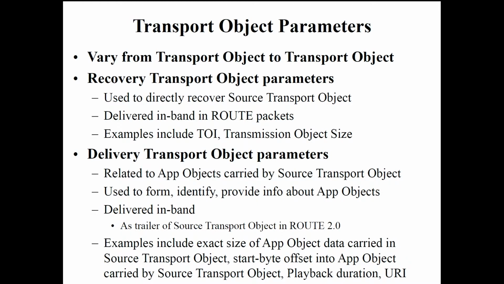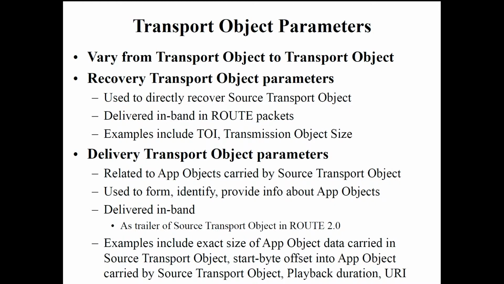This, for example, includes the TOI, the transmission object size, and other things you need to actually recover the source transport objects. Then there's a bunch of other parameters which you don't necessarily need to recover the source transport object, but you would want to deliver to the application. For example, these are used to identify and provide information about other application objects. And these are typically delivered in-band.